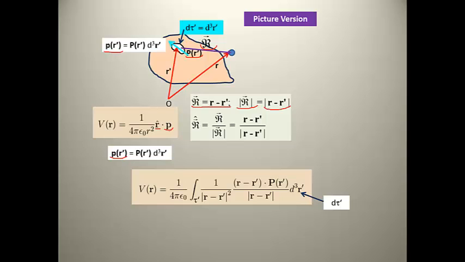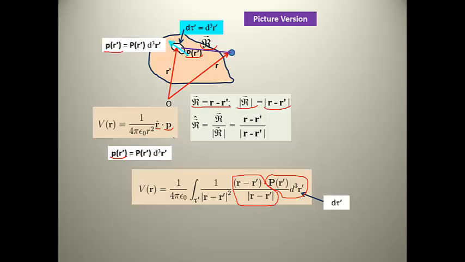Put that in here, and so what we have then is this expression here that we're deriving in the following way. This quantity right here is the dipole moment at the position r prime, and so that's this quantity right here. We're dotting it into the r hat, but look what we have here. This right here is r hat.